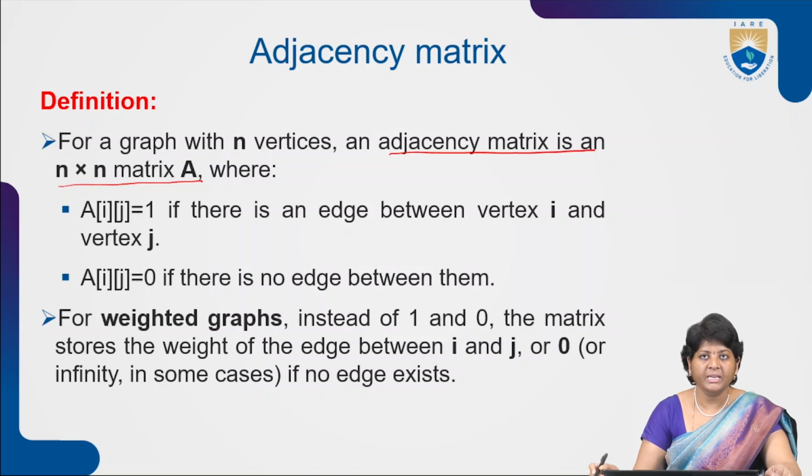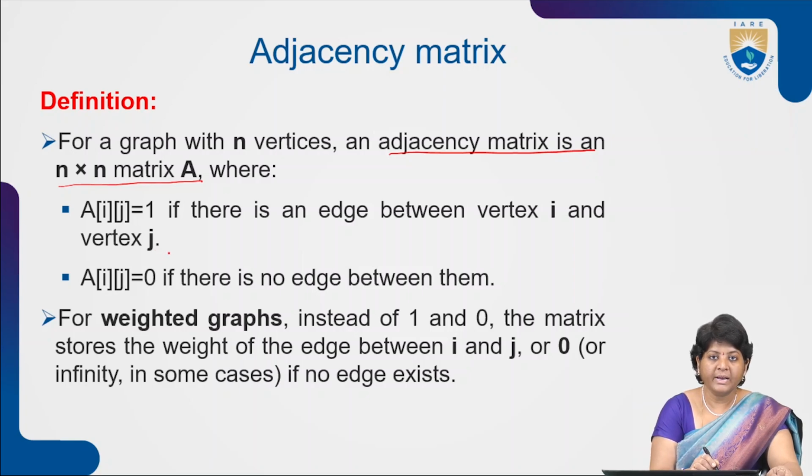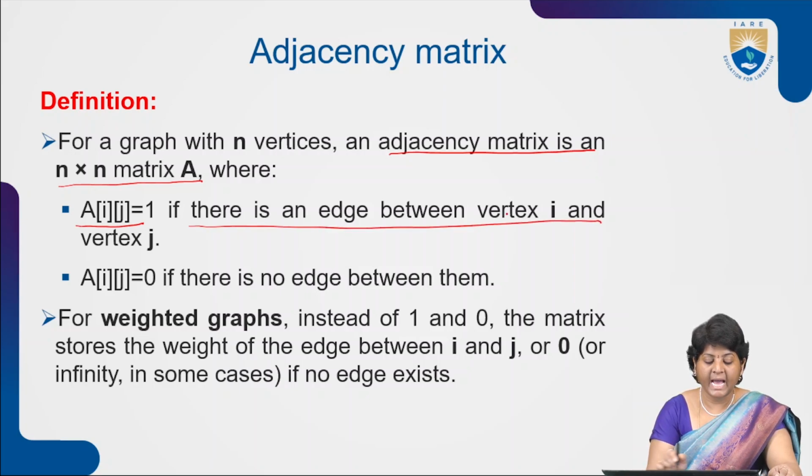Based on the vertices in a graph, the matrix size will depend on it. And how we represent the square matrix: here Aij is equal to 1 if there is an edge between vertex i and vertex j.